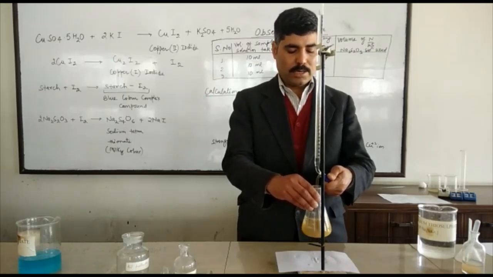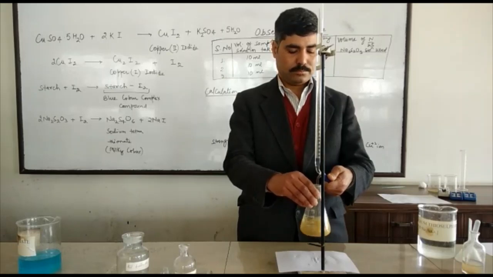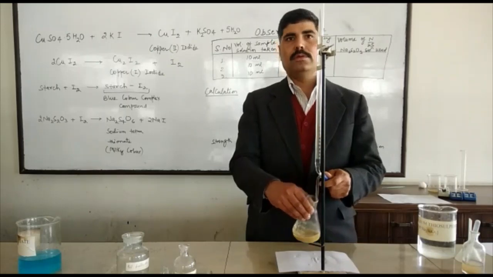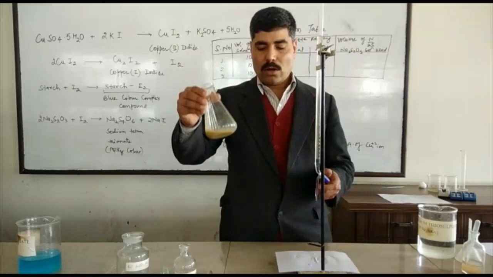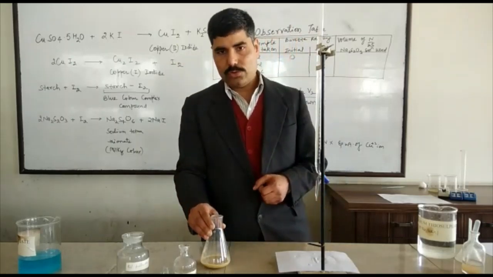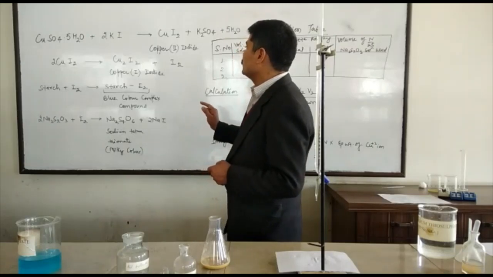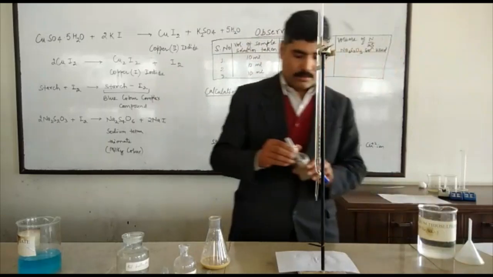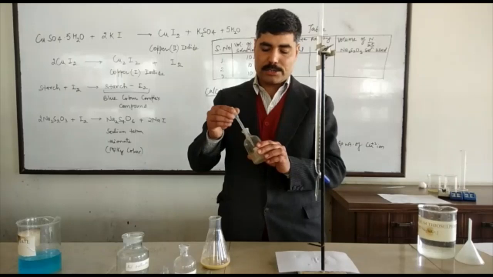You have to titrate it till a pale yellow color appears. See, a pale yellow color is there. Now what we have to do? During this reaction, the iodine is liberated. Now we have to add freshly prepared starch, which is the indicator in this titration.